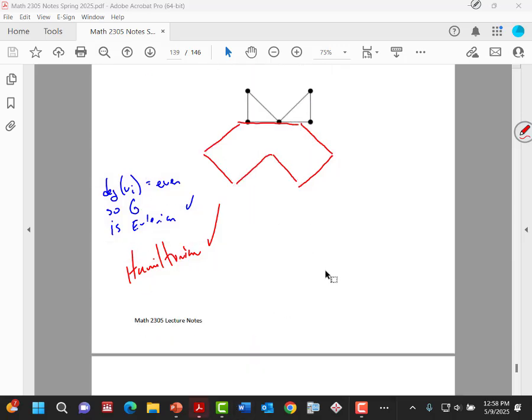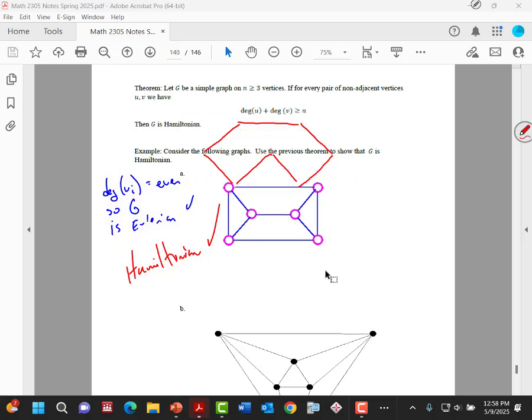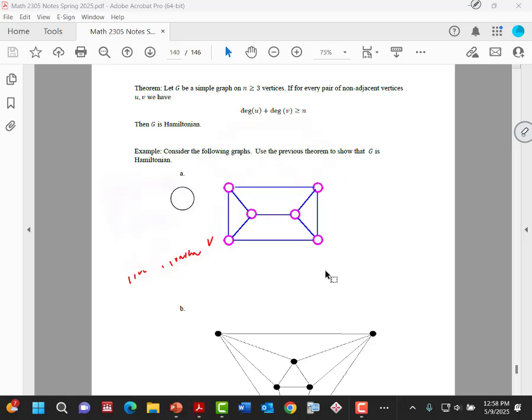Okay, let's take a look at a theorem to conclude this section. This is a basic test, because in the previous examples we were just trying to brute force hunt for a Hamiltonian cycle, but here's a theorem that can help us out. Let G be a simple graph on n greater than or equal to 3 vertices.